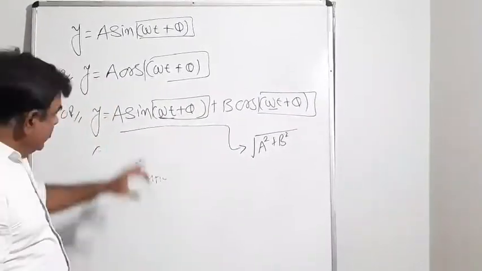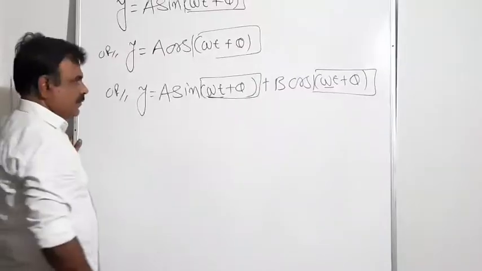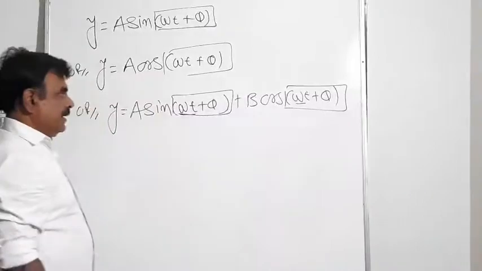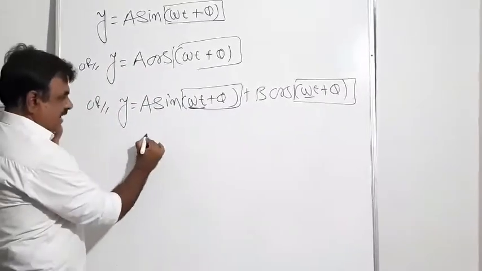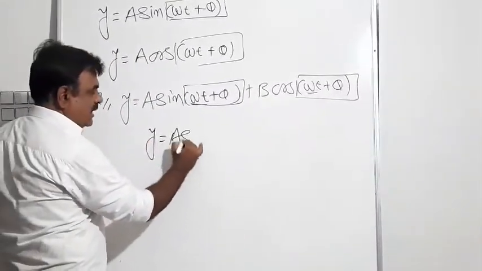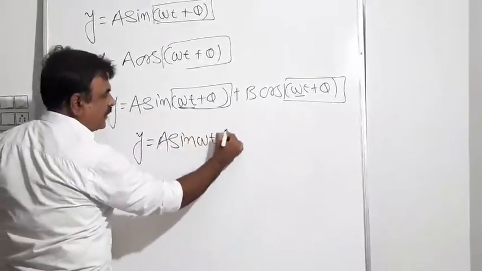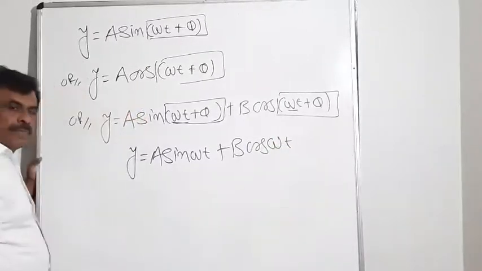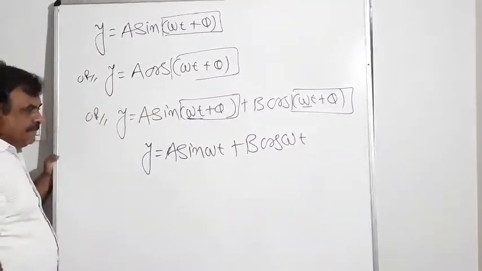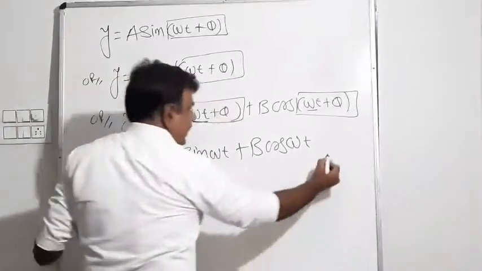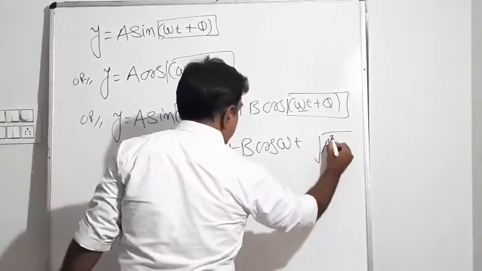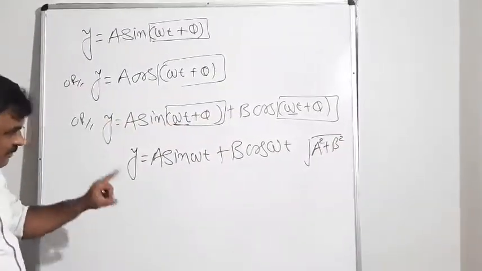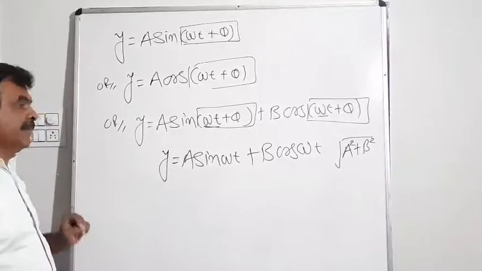One more thing, this equation can be elaborated further. Here in both I have written phi, but instead of that, if the same equation I write as y is equal to a sin omega t plus b cos omega t, in that case, amplitude will again be under root of a square plus b square. At the same time, there is an initial phase term available.